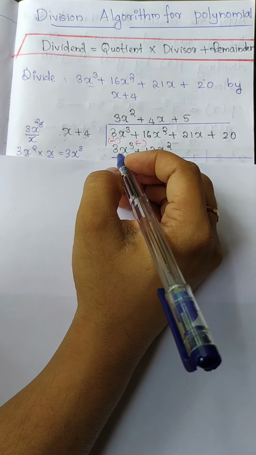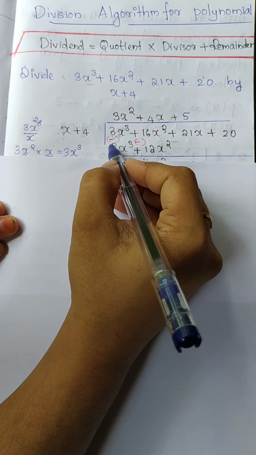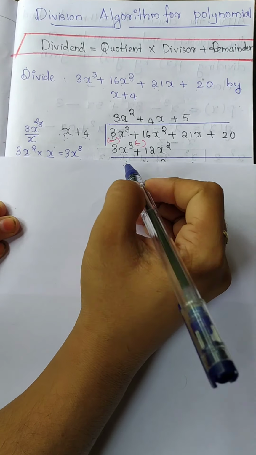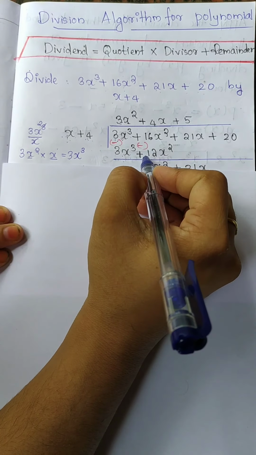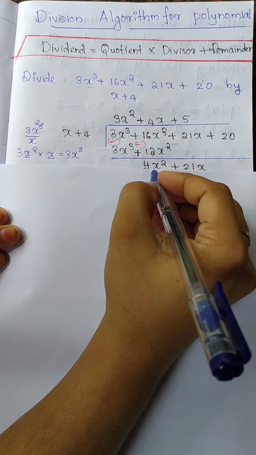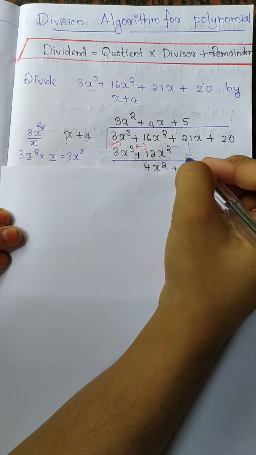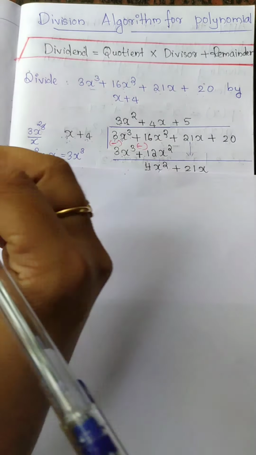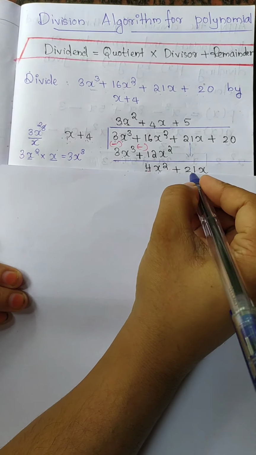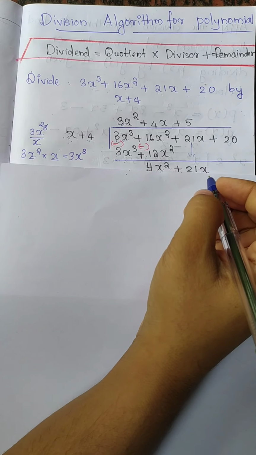So also here we are subtracting. 3x cube minus 3x cube is 0. Then 16x square minus 12x square, the answer is 4x square. We have written that. What is the next step? We have to bring down the next nearest term. So 4x square plus 21x. Now again we have to repeat the process.